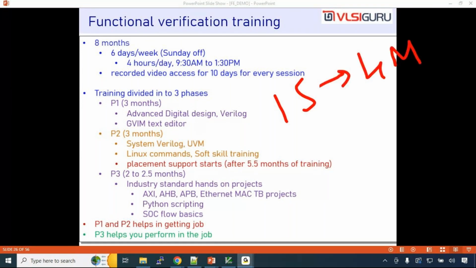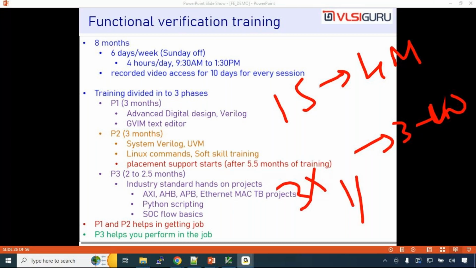Here, the same digital design gets over in 3 to 4 weeks maximum. In your BTech, you don't study too much digital. You study only very minimum. What you study here is 3x in 1/4 of the same time.